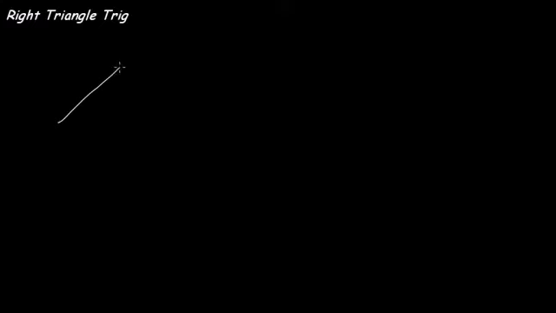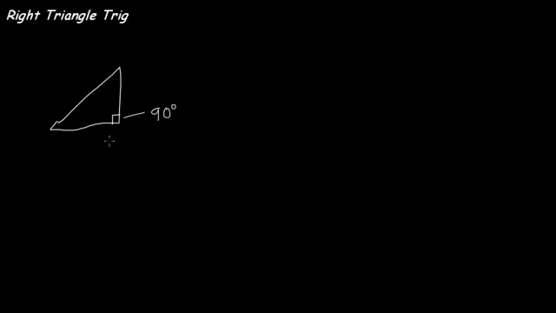So of course a right triangle is simply a triangle that has exactly one right angle. And we usually denote that with a little square in the corner. So if you see that little square, it means that angle is 90 degrees.